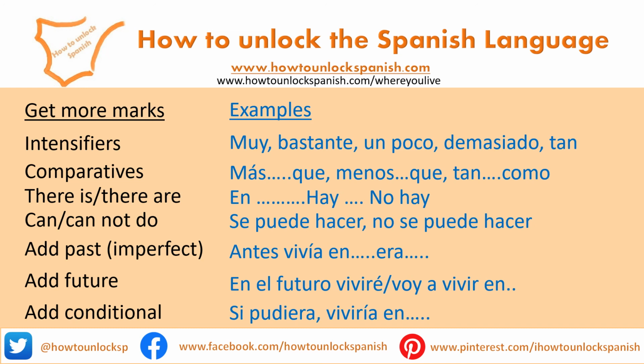You can also add the future, saying en el futuro voy a vivir en el centro de la ciudad. Or you can add conditional and even a more complex structure, which is very easy to use, which is si pudiera, viviría en. If I could, I would live in. So, si pudiera, viviría en el centro de Londres, pero es demasiado caro. If I could, I would live in the center of London, but it's very expensive.